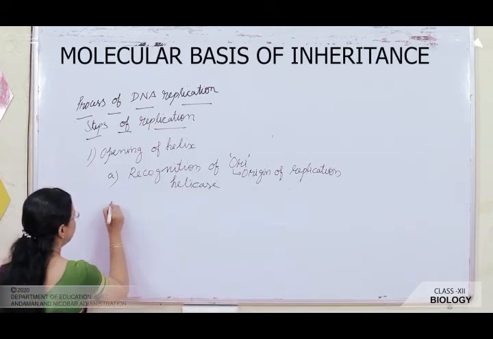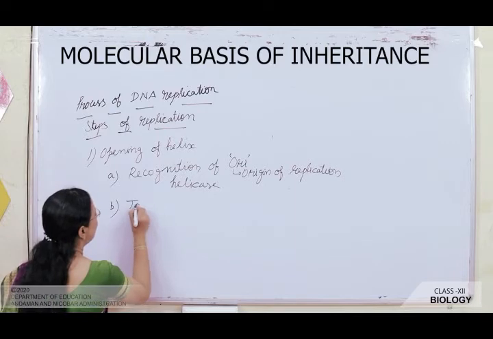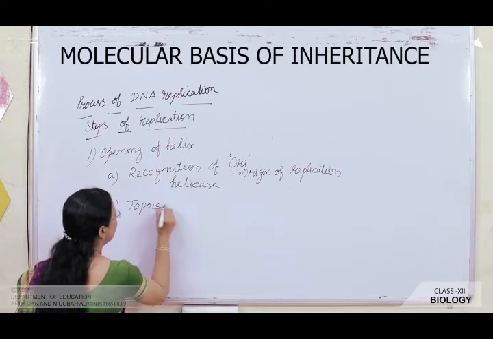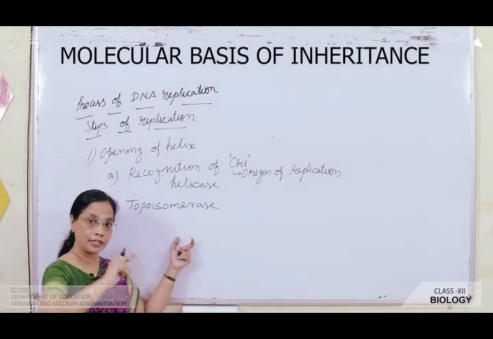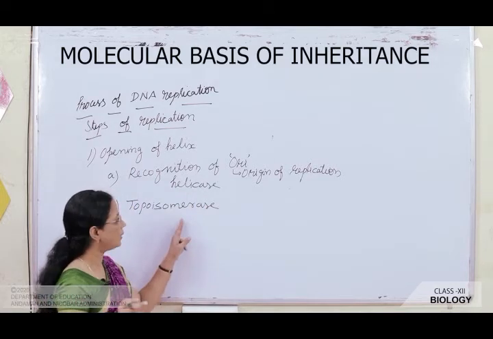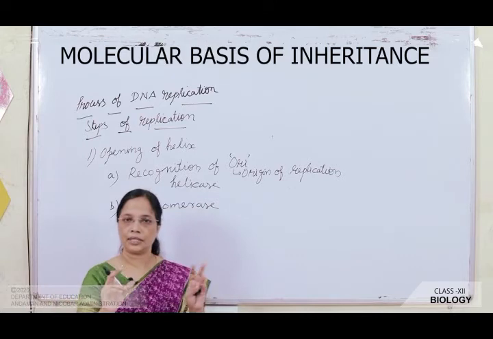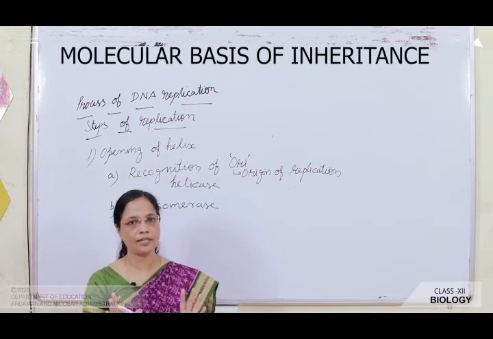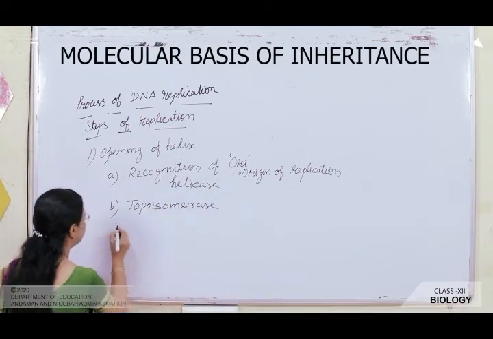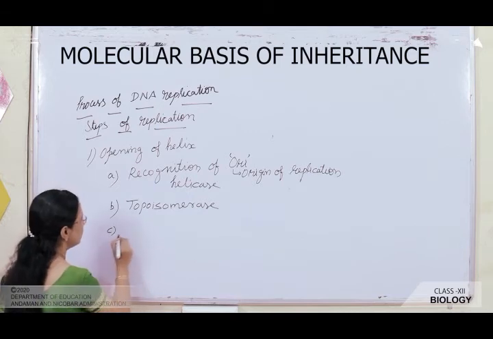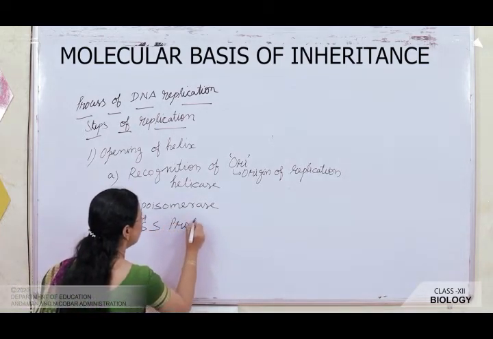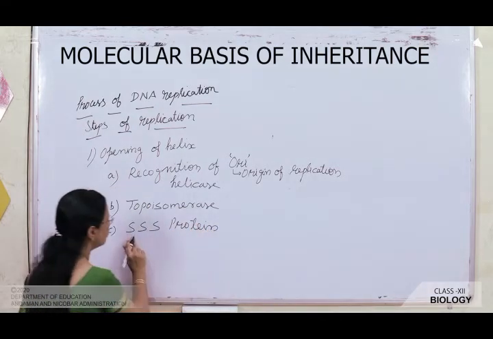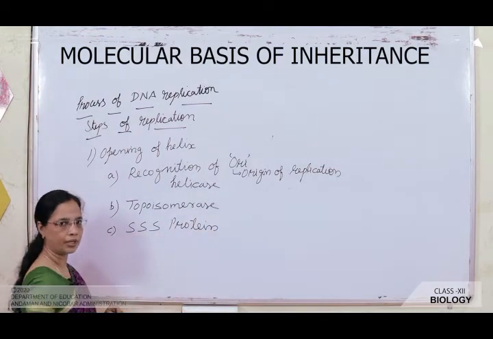Second, under this comes topoisomerase. So what is the function of topoisomerase? It breaks the strand and it releases the tension of the strand. Third is SSS protein. What is SSS protein? Single strand stabilizing protein.